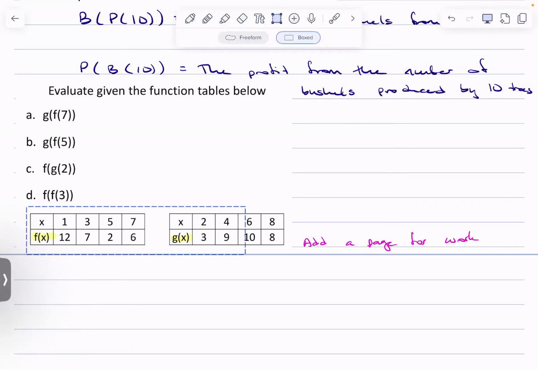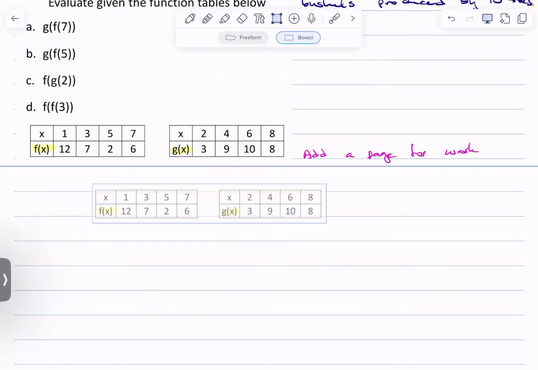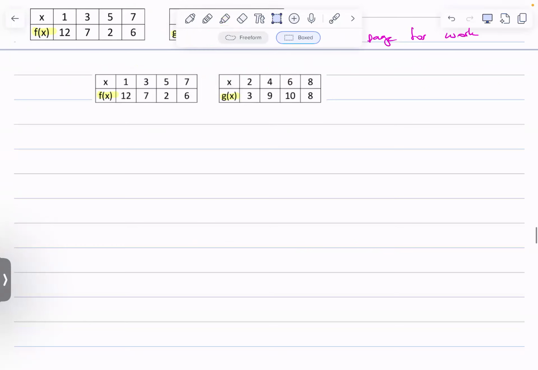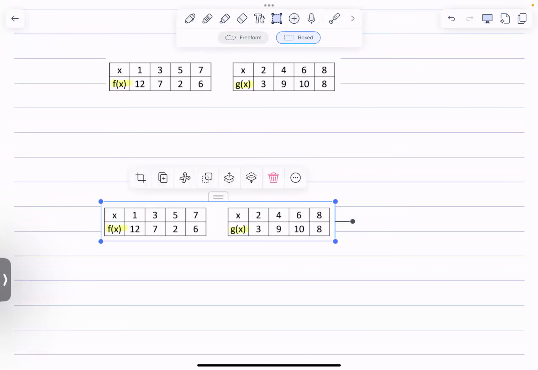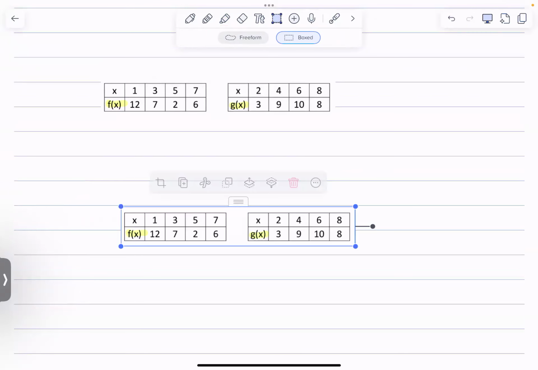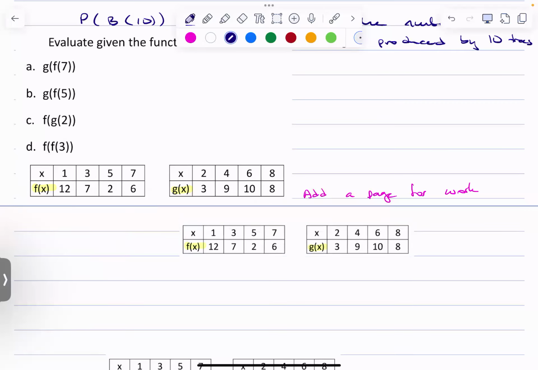And what I want to do is just copy these for each of them, A, B, C, D. Otherwise, it's going to get really messy really quick. So A asks us to find g of f of 7.